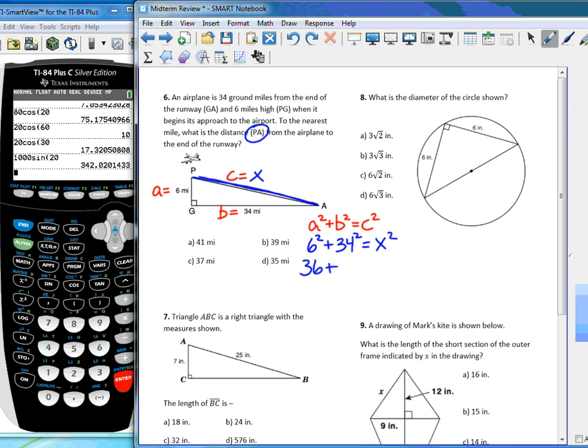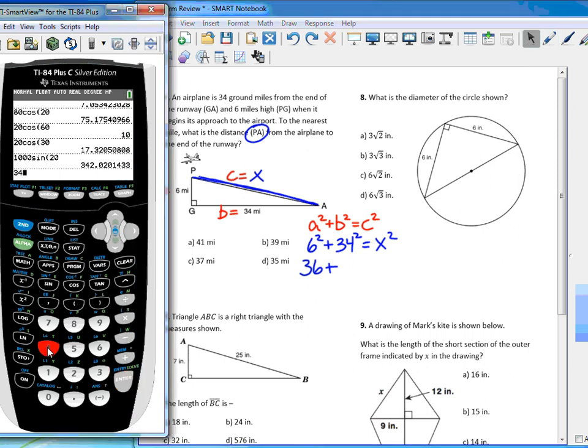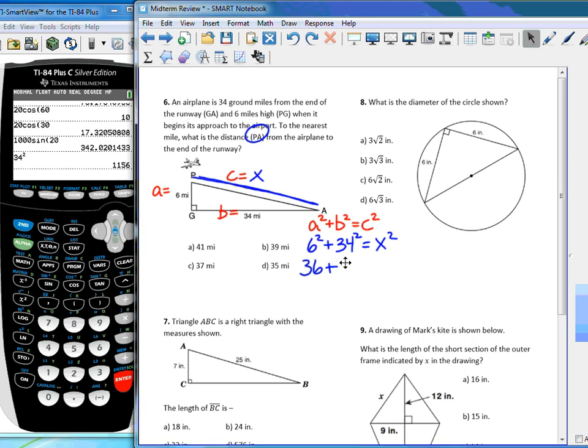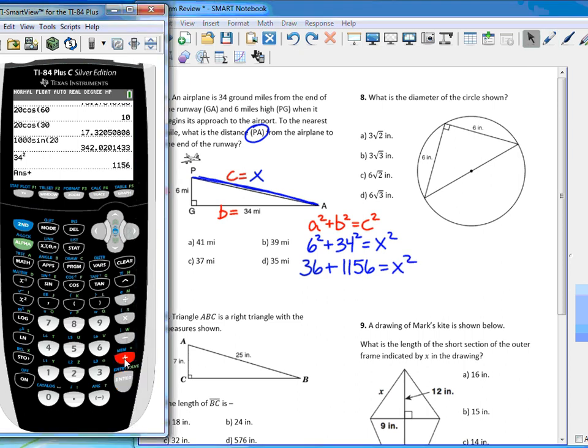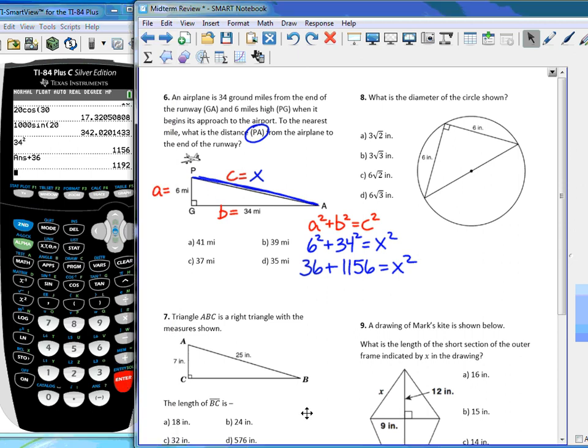I wonder what 34 squared is. Oh, I have a calculator up so I can look. 34 squared, 1156. Let's go to x squared. I add 36 to it. And that's 1192.